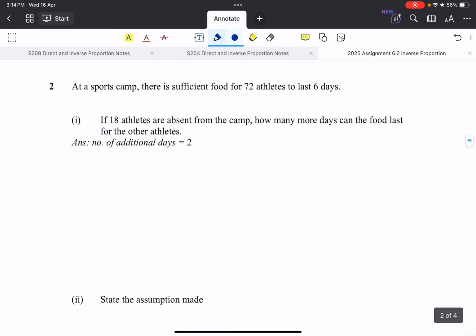Okay, moving on. At the sports camp, there is sufficient food for 72 athletes to last 6 days. If 18 athletes were absent from the camp, how many more days can the food last for the other athletes? So what's the situation now? The food and athletes are inversely proportional. Let A be the number of athletes.